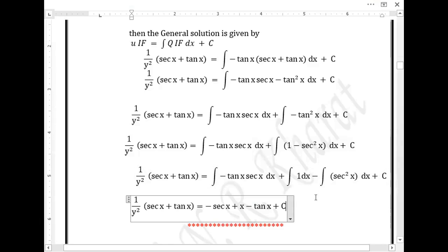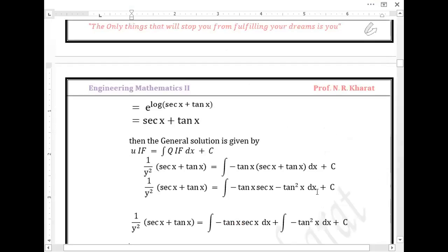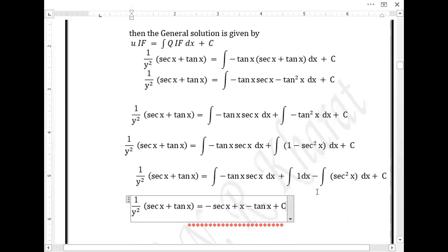Then we have to just assume the coefficient of p is equal to some new variable. Then we have to find its derivative and just replace all the values and convert into linear differential equation. And lastly, taking the solution formula, putting the value of the integrating factor and value of u, we get the final solution of this differential equation.